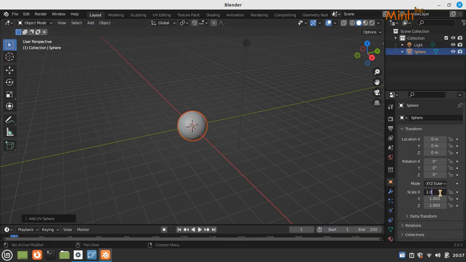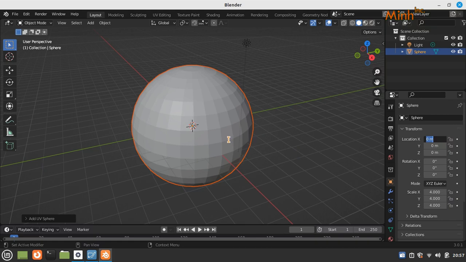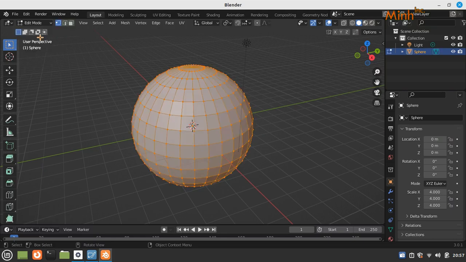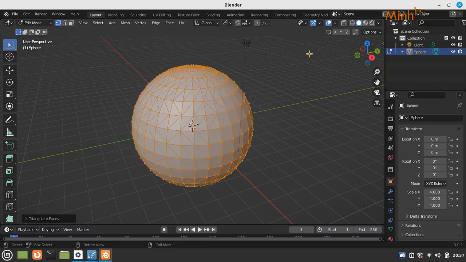So this is a sphere, I can make it big. Can we see now it's triangles? Earlier it was quads and then it is triangles.